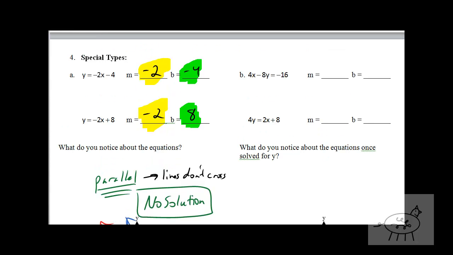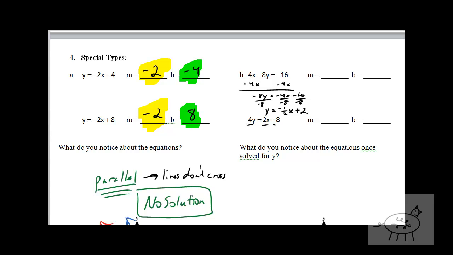If I solve for y, I'm going to subtract 4x. So -8y equals -4x minus 16, divided by -8. y is equal to 1/2 x plus 2. Okay, it's cool. Let's do this one.